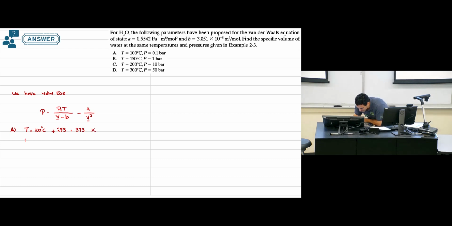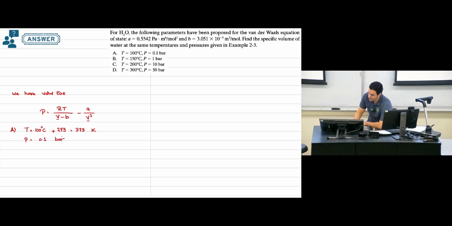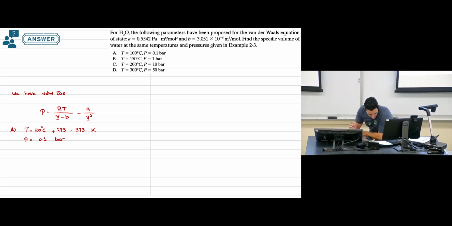We have pressure, 0.1 bar. We can leave it as bar. Then we have R, which is 0.08314 liter bar per mole Kelvin. So this is the value of R. The value of A is given.